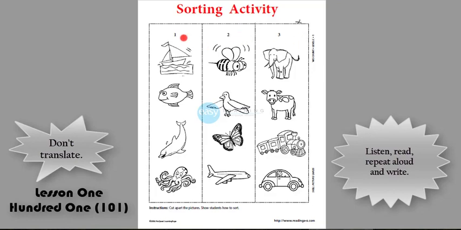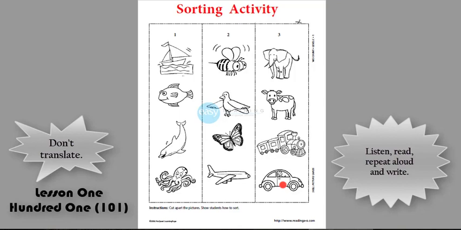In group number 1, we can see animals and transport that move in water. In group number 2, there are animals and there is one way of transport that go in the air. And in group 3, we have animals and transport that go on the ground.